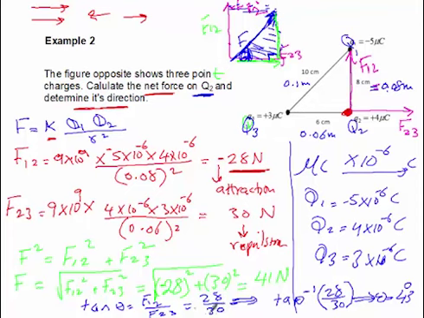But this is going to give you tan theta, not theta. To get theta, you have to enter in your calculator shift tan of 28 over 30, or the value that you get here, and this will give you the value of theta, which is 43. So we say that the force is making an angle of 43 degrees with this axis, or with F23.